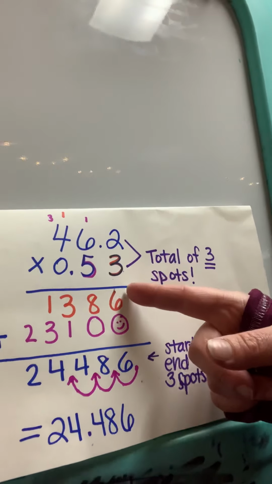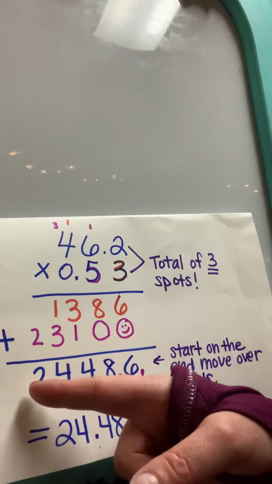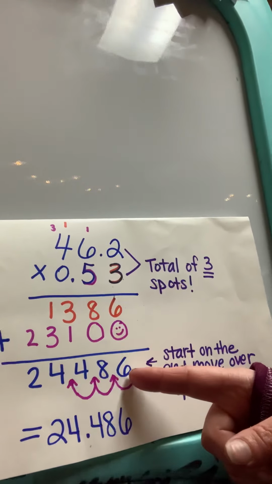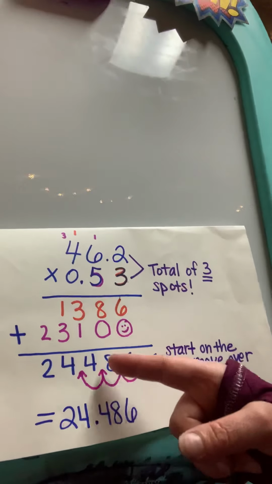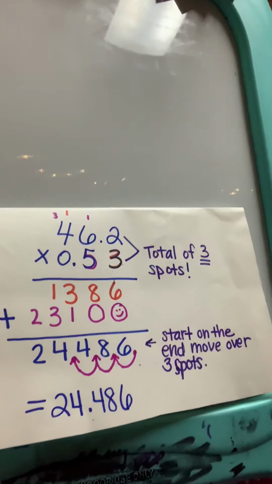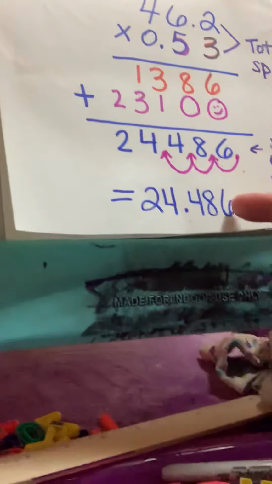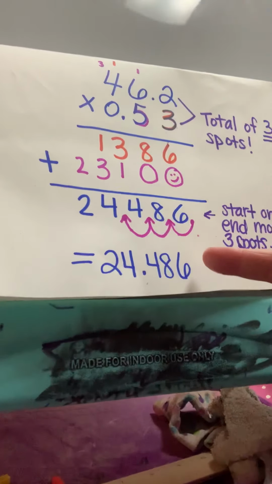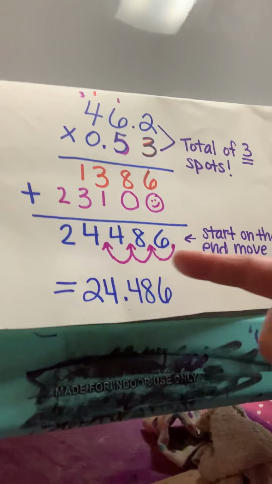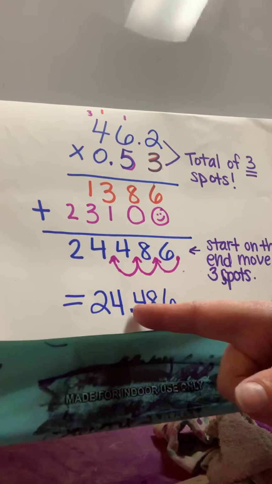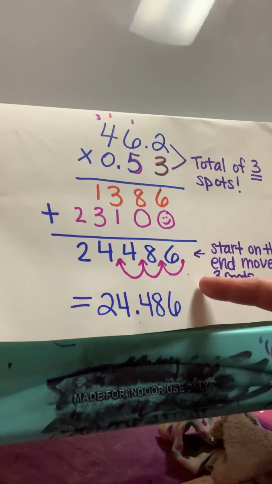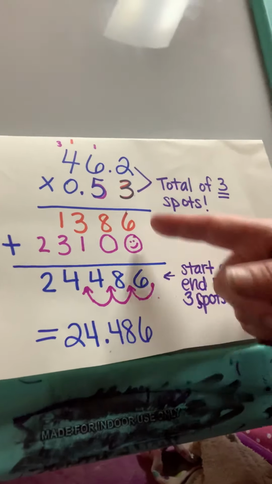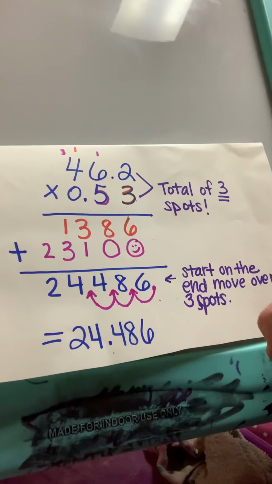After you lined up your partial products and you added them, this should be the correct number. Starting at the end, you put your decimal point and you need to move it over 3 spots. Boom, land it. Can you read this number correctly? That's right. It's 24 and 486 thousandths. If you had something incorrect, go back and check your work. Find out what your mistake is.